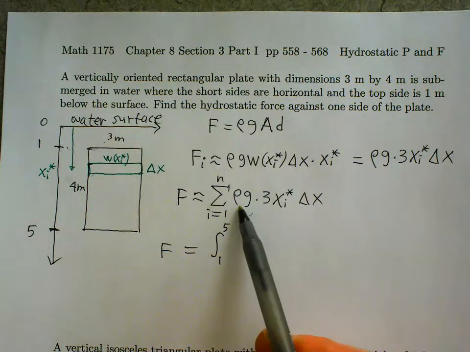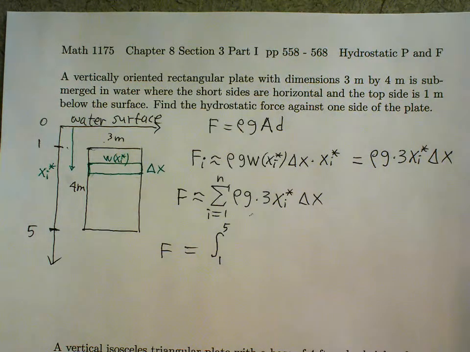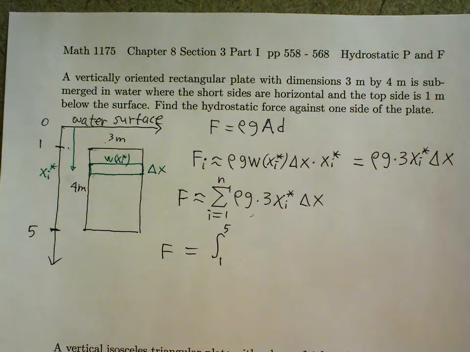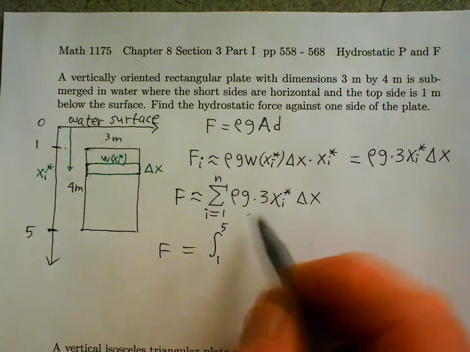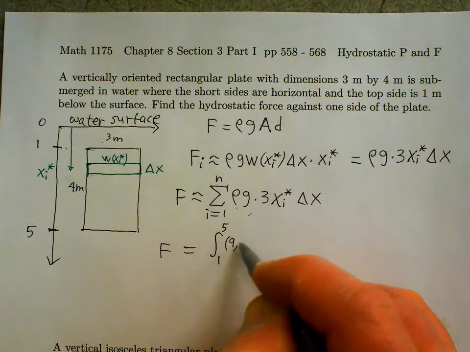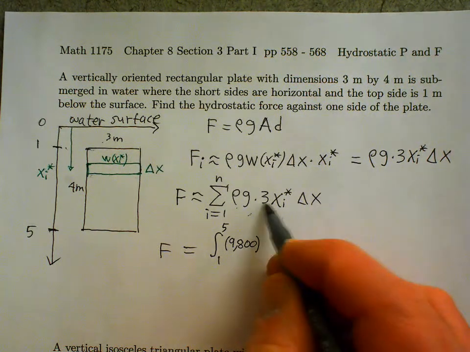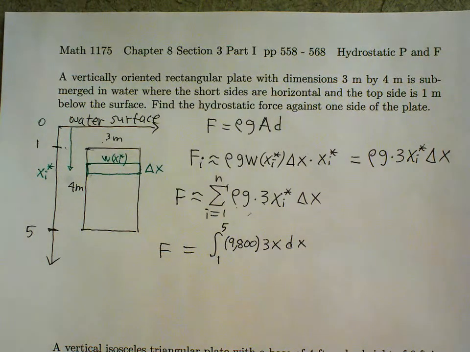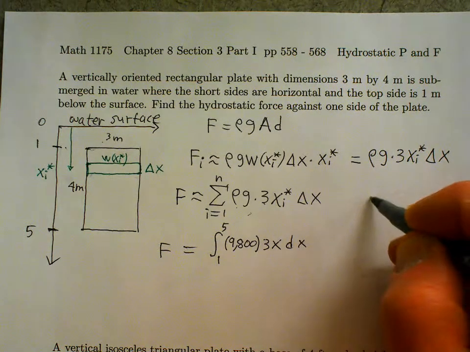In this case, since x is measured in meters, rho times g is how much? Well, the number is 1,000 times 9.8, so 9,800, and then times 3x dx.